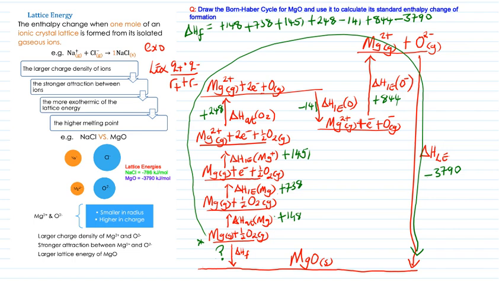So the standard enthalpy change of formation becomes minus 602 kilojoules per mole.